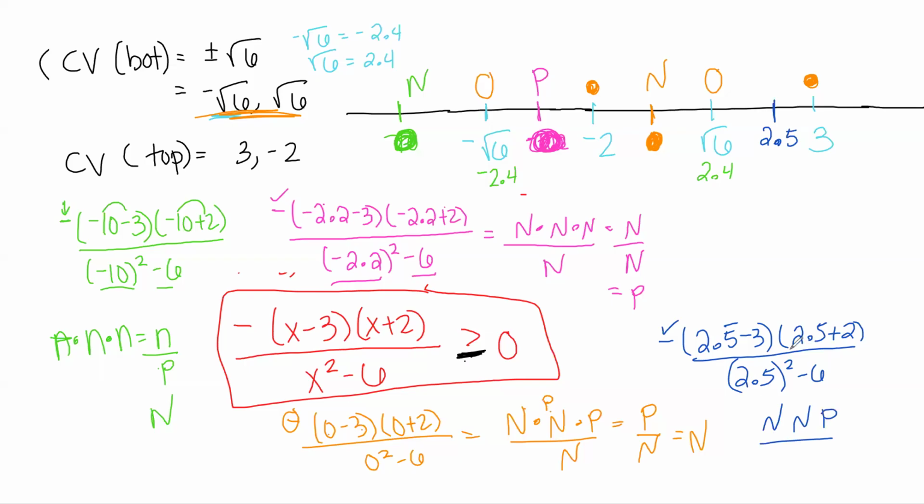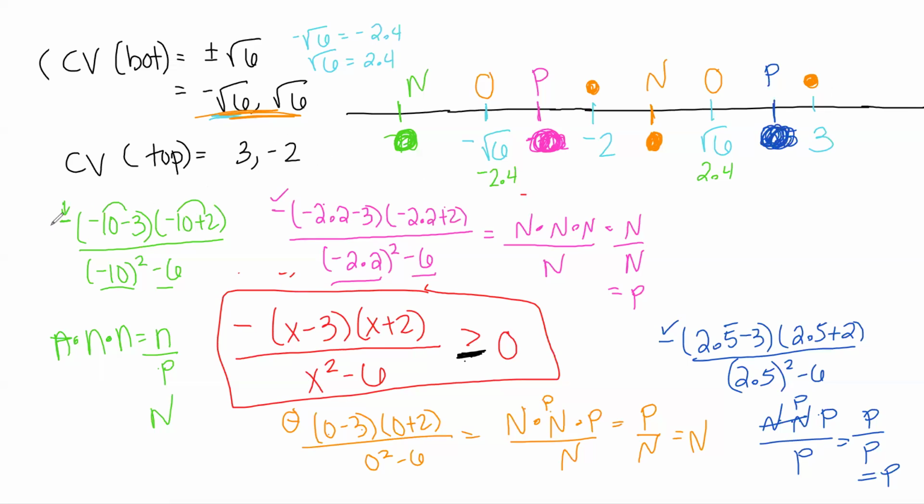And the bottom, 2.5 squared, I'm not quite sure what that is, so I'm going to let my calculator do that. That's like 6.2. So 6.2 minus 6 would be positive. Okay, so on the top, negative negative is positive, times positive is positive. Positive divided by positive is positive. Put a P, scribble.